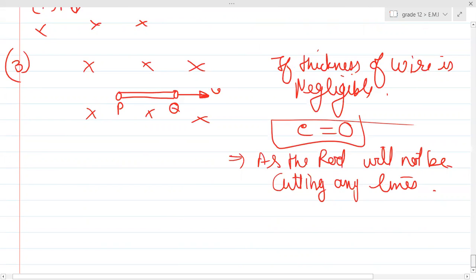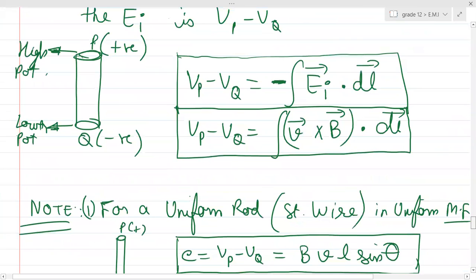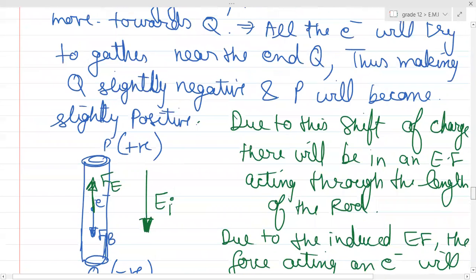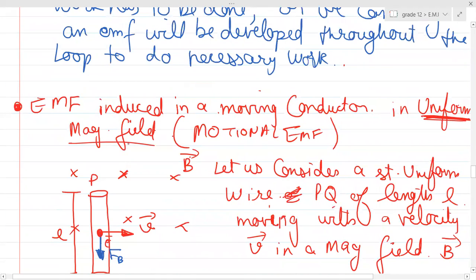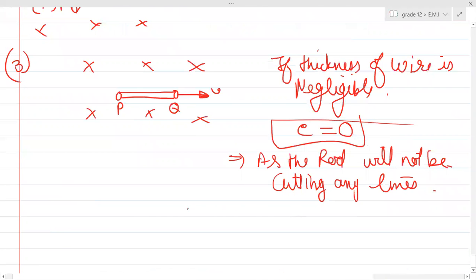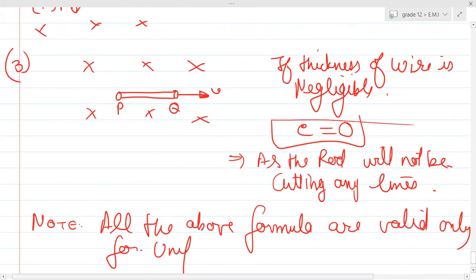Note that all the formulas we have discussed are valid only for a uniform magnetic field.